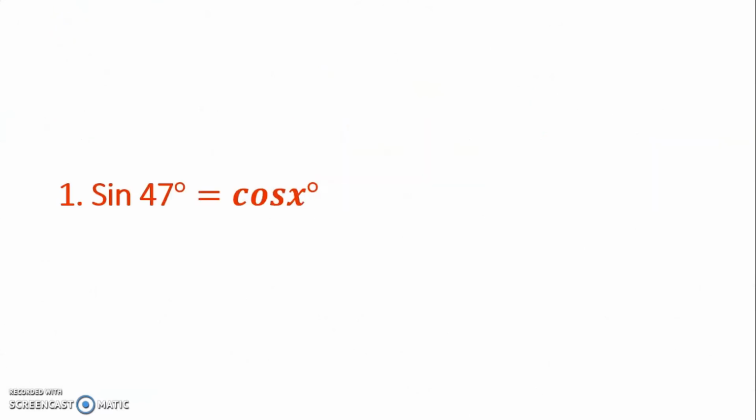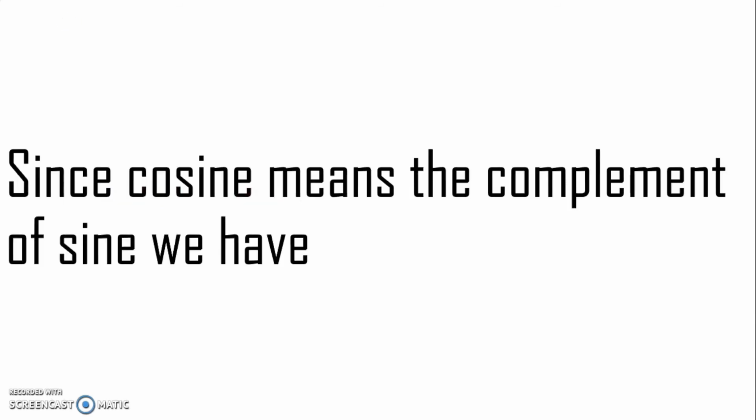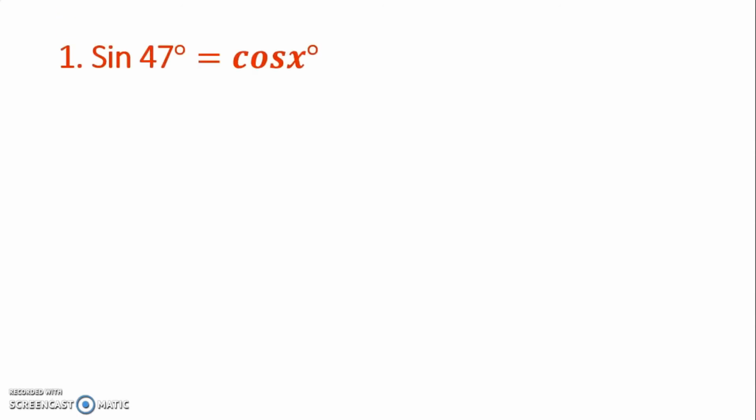Question 1, sine 47 degrees equal to cos x degrees. We are asked to find x. Now we have to note that since cosine means the complement of sine, so we are going to have sine 47 degrees equal to cos x degrees.